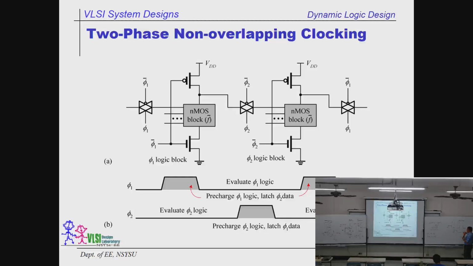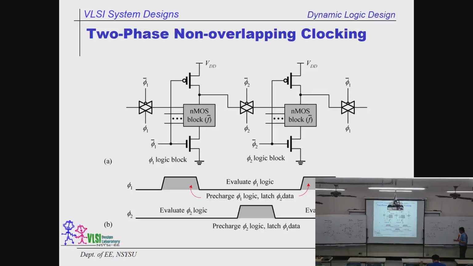Dead time for non-overlapping, this is called a non-overlapping clock. If you want to drive the circuit over there, you got to use a non-overlapping clock, and the dead time cannot be 0. That means the duty cycle there must be less than 50%. Both of them must be less than 50%. So it's called a non-overlapping clock.